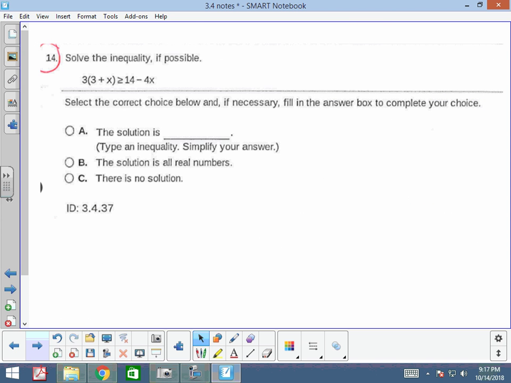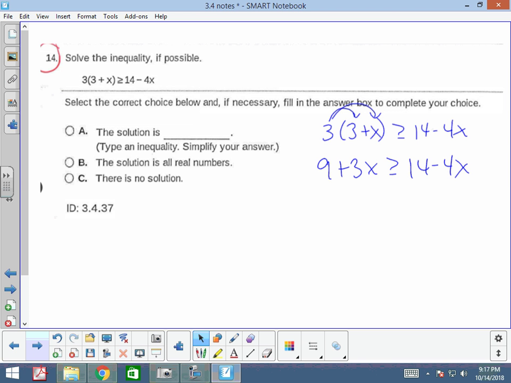Number 14, I'll rewrite it over here. All right, so again, doing the distributive property. And again, my variables are on both sides, so I'm going to go to the right side and undo that operation. So I'm adding 4x to both sides.